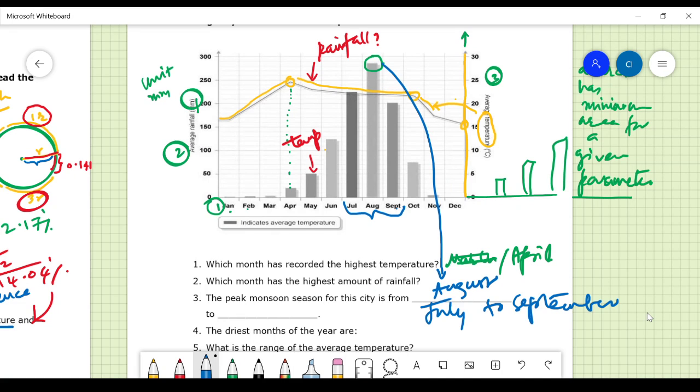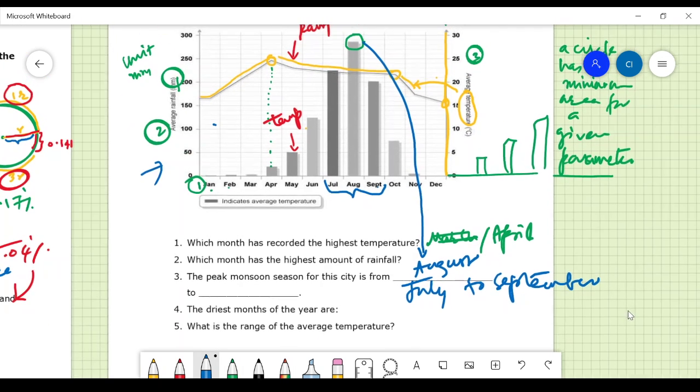How you write in the text: in the month of January there is no rainfall at all because the value is 0, and in February there is a small increase in the rain. In March there is also some rain. In April there is some rain, about 25 millimeters, and then in the month of May, like that you can keep on writing the text, but instead of text you can depict all those things in this beautiful graph about the temperature and the climate.